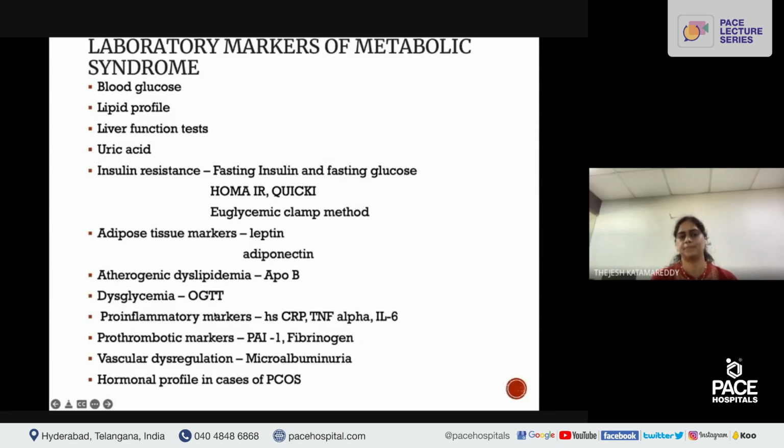We can do pro-inflammatory markers like hs-CRP, tumor necrosis factor alpha, and IL-6. Pro-thrombotic markers include plasminogen activator inhibitor 1 and fibrinogen, and the marker for vascular damage is microalbumin. And in case of PCOS, we can go ahead with the hormonal profile.